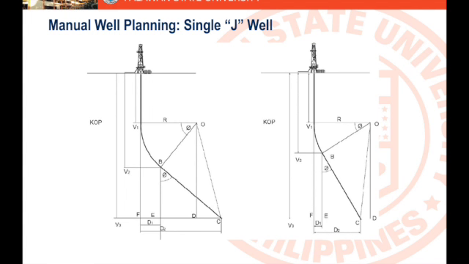So this is a single J well. The first case is where the radius of curvature is less than the total horizontal departure. And the second case is the radius of curvature of the build section is larger than the horizontal departure.